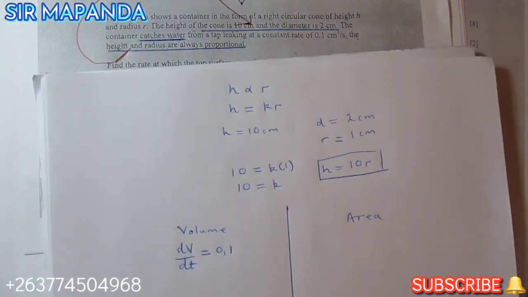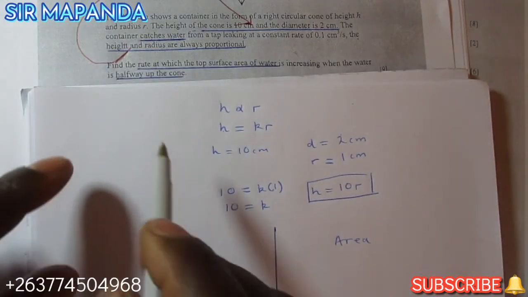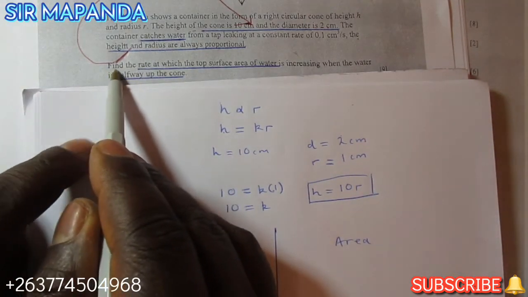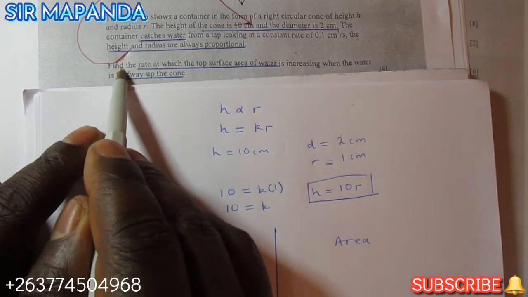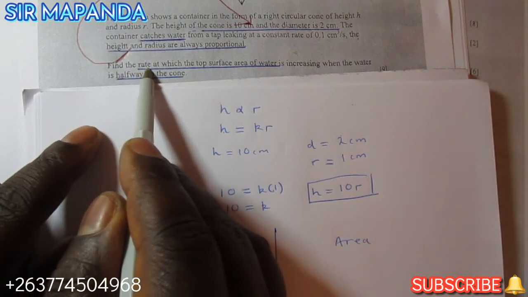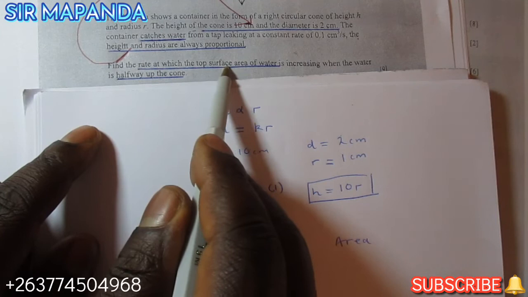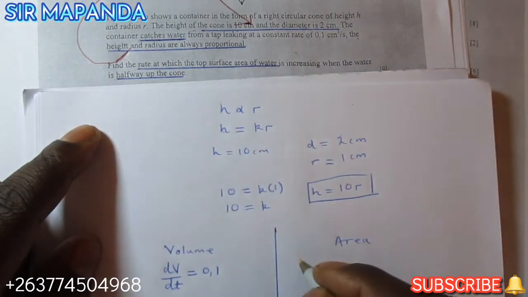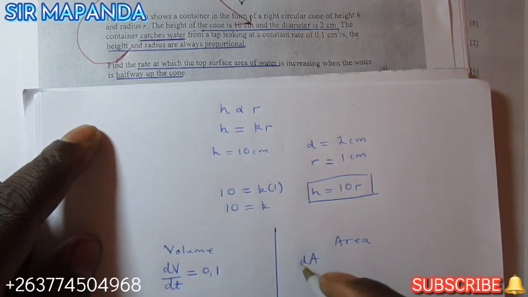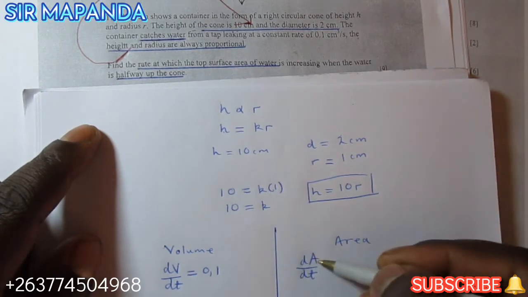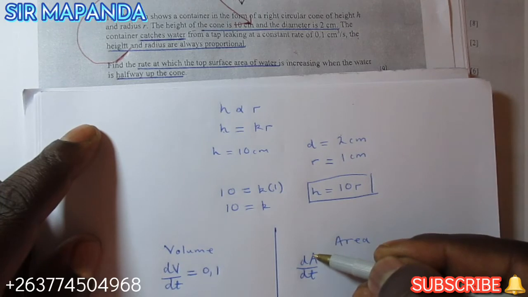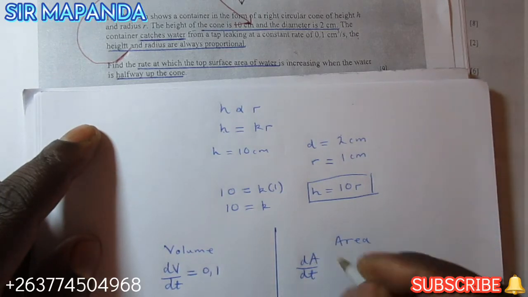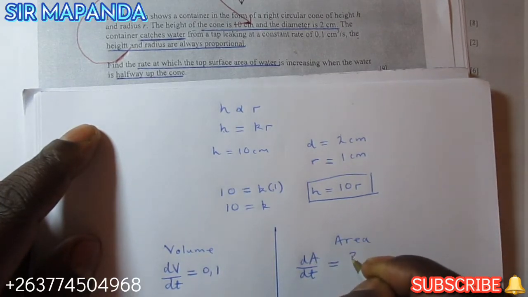Then another differential coefficient is going to be generated from the question itself. Find the rate at which the top surface area of water is increasing. So we refer to this as dA/dt, the rate at which the top surface area of water is increasing. So this one is unknown. This is our target.